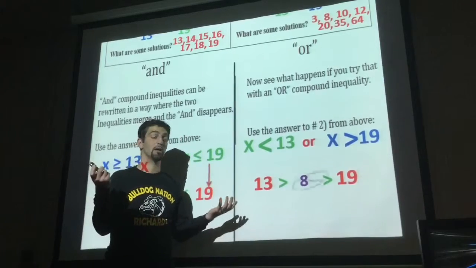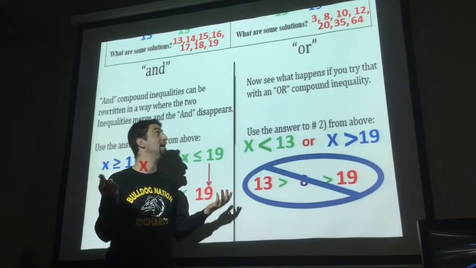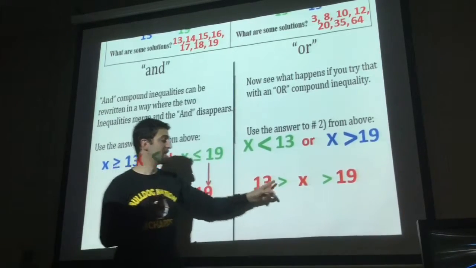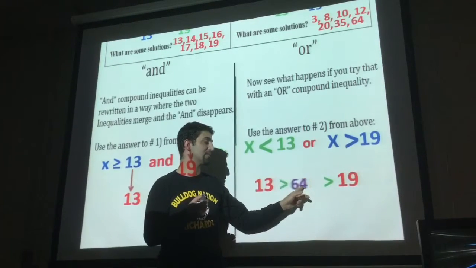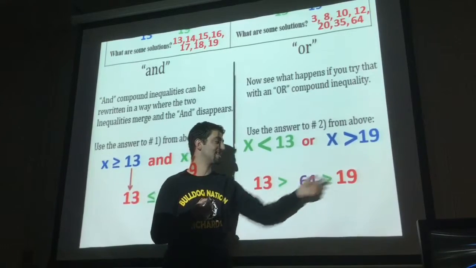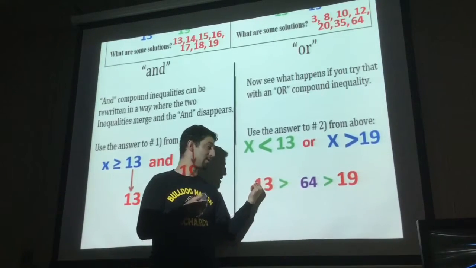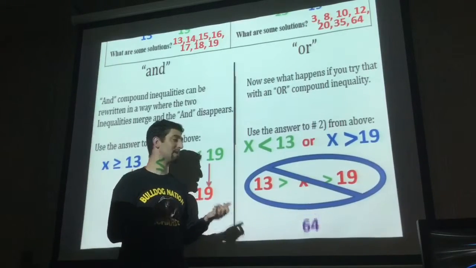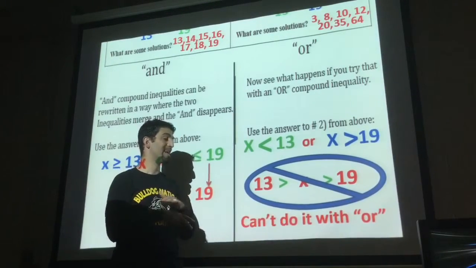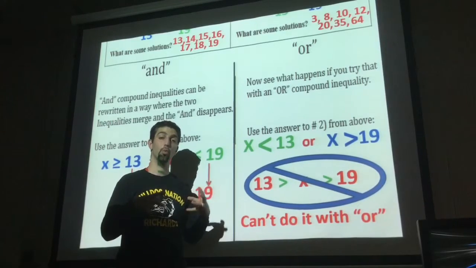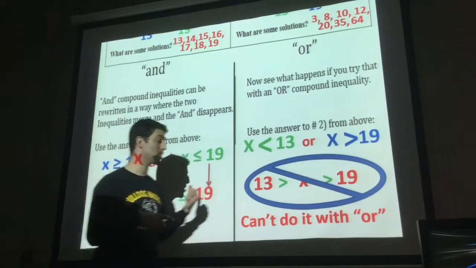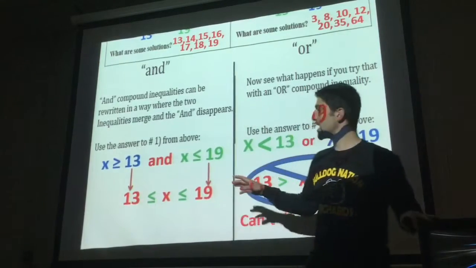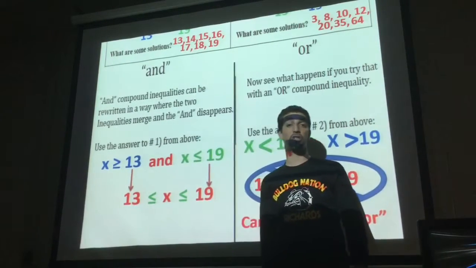So this is wrong. So that doesn't even work, okay? Now, if we tried one from the other column, like 64, 13 is not bigger than 64. 64 is bigger than 19, but the fact that 13 is not bigger than 64, that doesn't work either. So why am I showing you this? Because I want you to know that you can never merge them with the or problems, only the and problems, okay? All right? And when they are merged, it is easier to solve them.